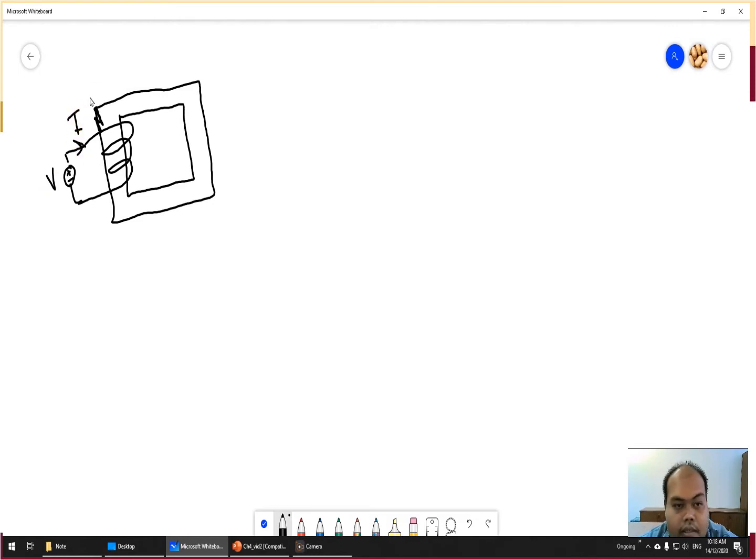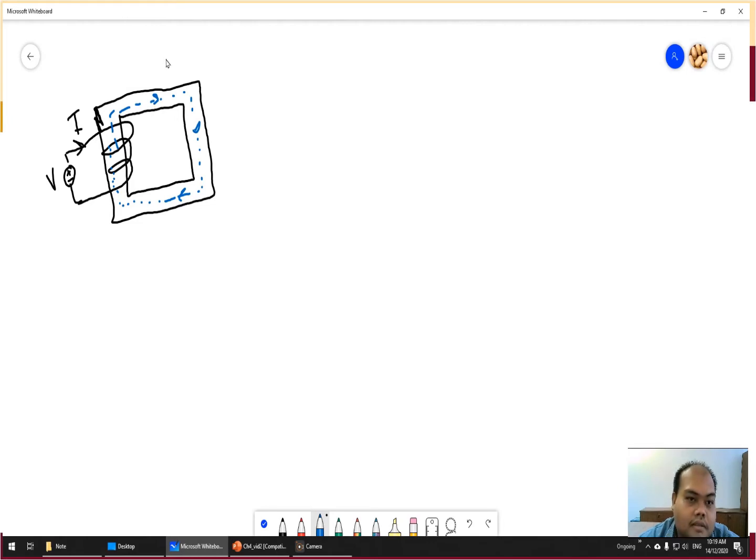When it produces current, I said before, it will produce flux, something like this. This one is the direction of the flux. So remember the right hand grip rule, you use the right hand rule to determine the flux.